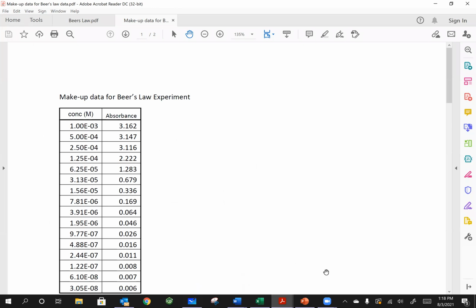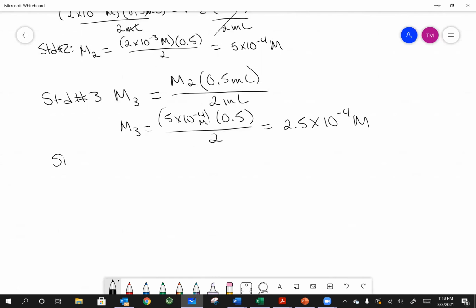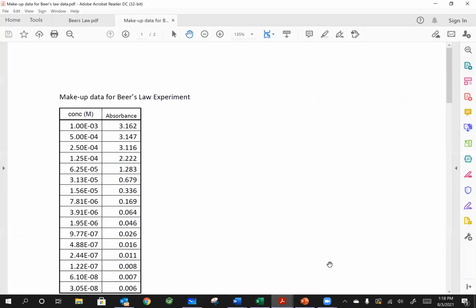Yes. Okay, and so for standard number 4, M4 would be equal to M3 times 0.5 over 2. We already have that in our data, so that would be 1.25 times 10 to the minus 4, and so on.